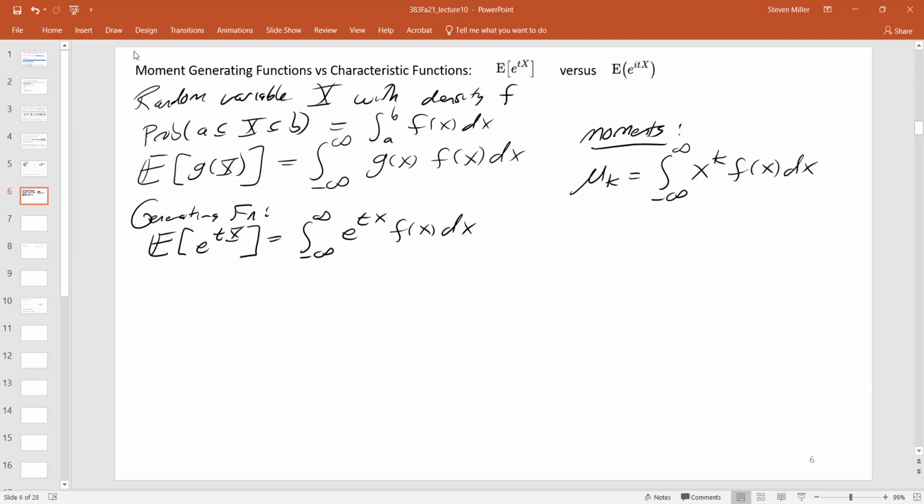So this is just going to be the integral from minus infinity to infinity of the sum, n goes from 0 to infinity, of t to the n, x to the n, over n factorial, f of x dx. And now there should be something that you should obviously do if you're not a math major.